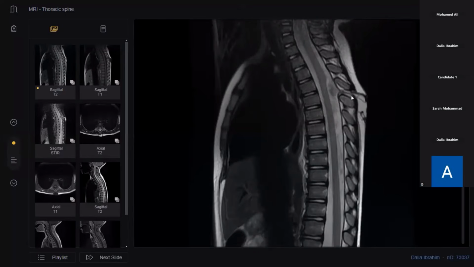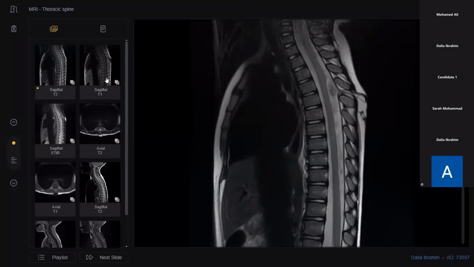Okay, continue. There is a fibrotic strand or band which is passing through the interspinous ligament of one of the dorsal vertebrae, and it is communicating with the posterior thecal sac. And there is a subtle herniation of the CSF and the sac through this track into the interspinous space.